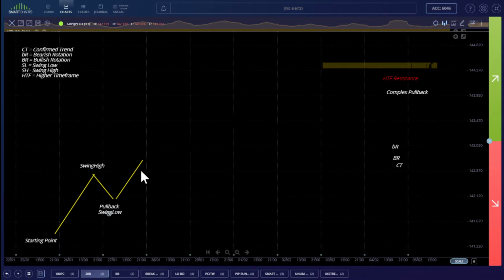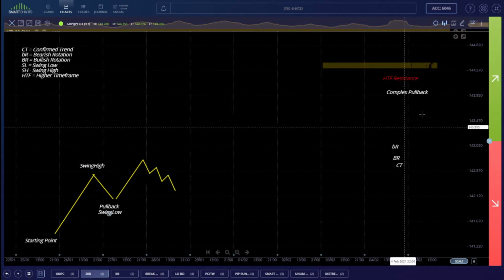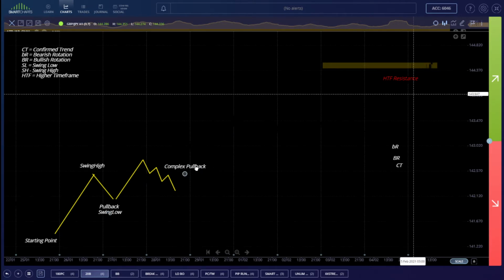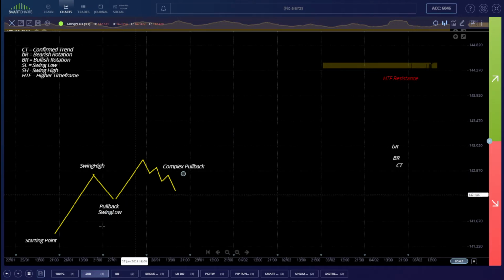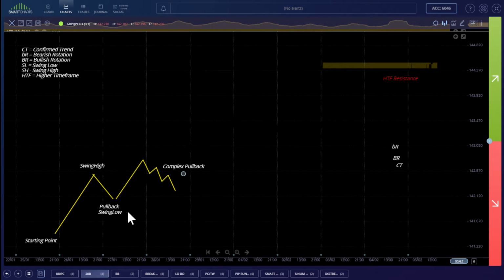Now, sometimes the market doesn't just pull back cleanly. It comes back in waves like this. And at this point, this is where I see a lot of my students get stuck, because they think this is now a market trending down. All this is a complex pullback. It's a pullback making waves down until this level here has been broken.